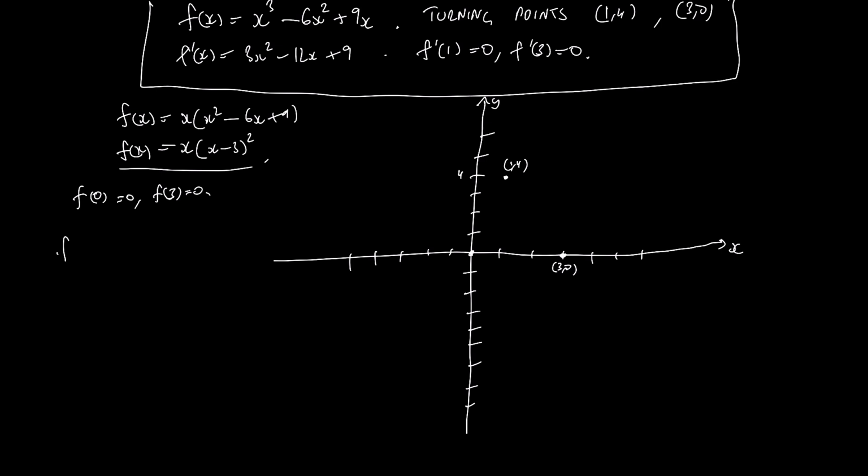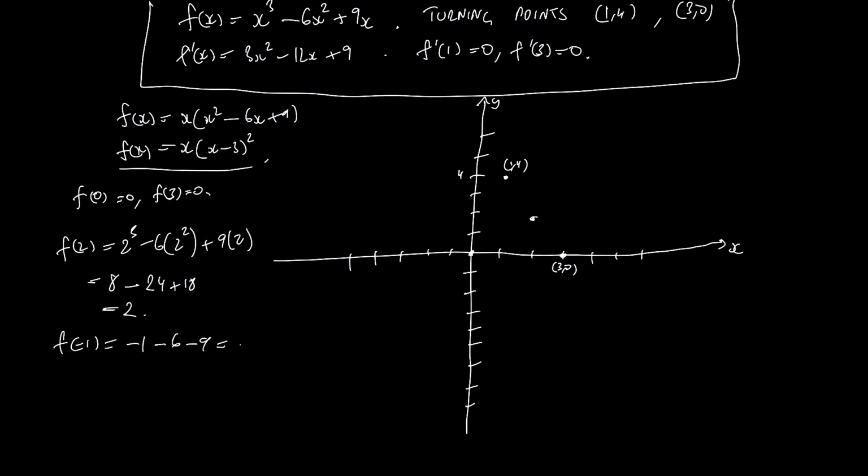So let's just check for f(2). We end up with 2 cubed minus 6 times 2 squared plus 9 times 2, which is 8 minus 24 plus 18, which is 2. And then we can check f(-1), which is -1 minus 6 minus 9, which is -16.